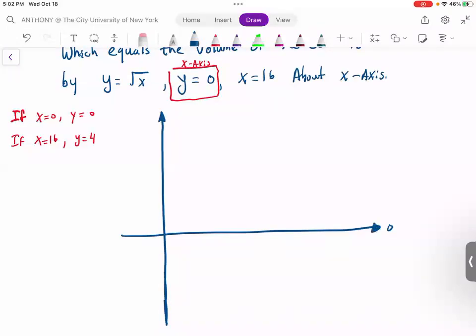The y values have to go by 1s, and the x values I could just make go by 4s. So 4, 8, 12, 16. Y values: 1, 2, 3, 4. So here are our 2 points, the origin and 16, 4.